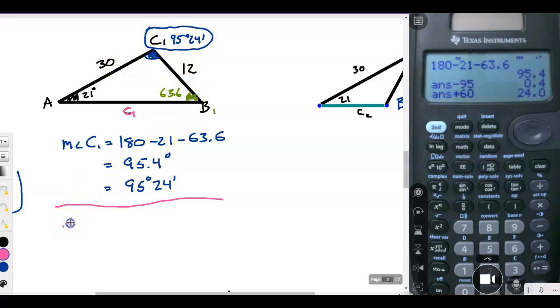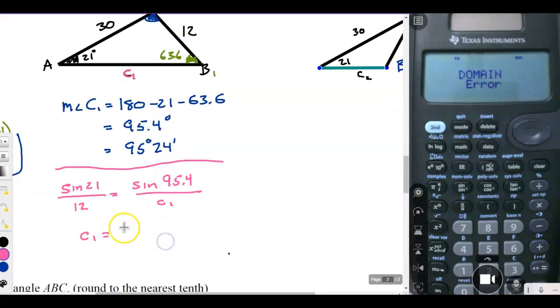So I'm going to do sine of 21 over 12, and that will equal sine of 95.4 over C1. So C1 will equal 12 times sine 95.4 divided by sine of 21.